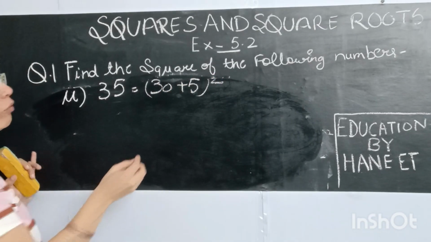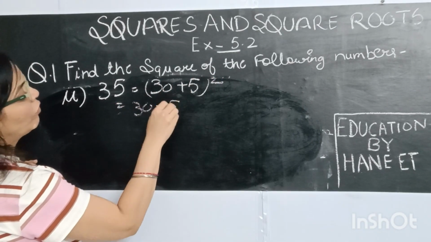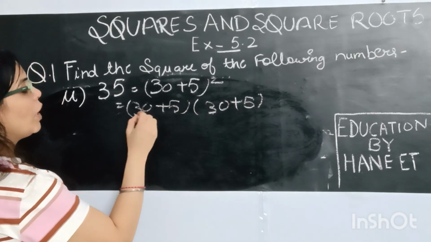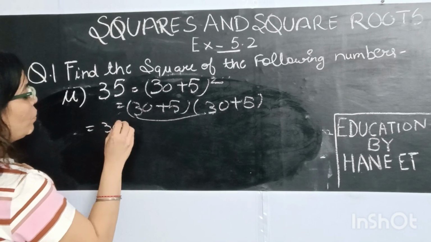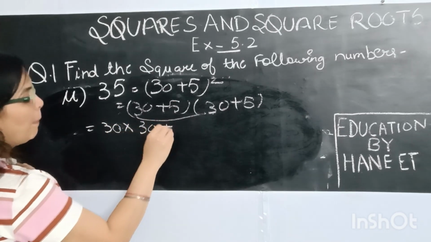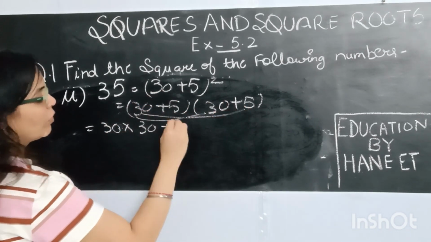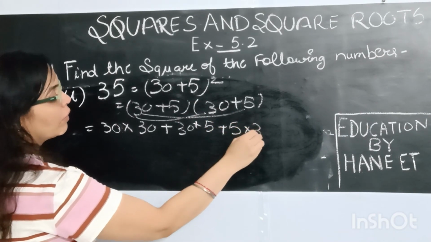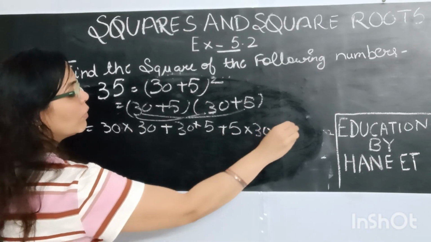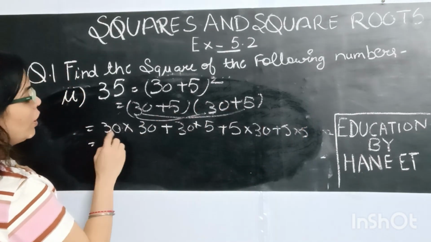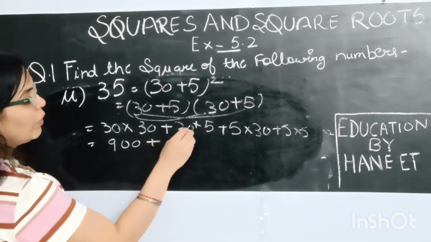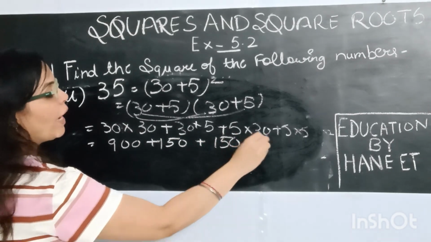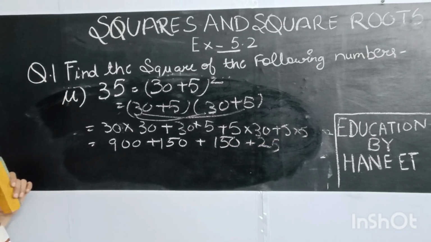According to my second way, I will write 30 plus 5 and 30 plus 5 two times, right? So now 30 into 30 plus 30 into 5 plus 5 into 30 plus 5 into 5, right? So 30 into 30 will be 900. Then 30 into 5 is 150. 5 into 30 is again 150. And 5 5s are 25.